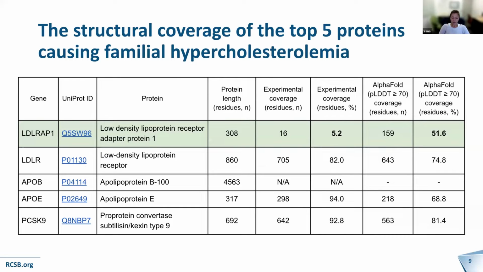But if you look at the structural coverage of this protein, it's not uniform. Some proteins have been studied better than others from an experimental point of view. So the LDL-RAP1 protein is an example where experimental data provides 3D coordinates for only 5% of the full protein sequence, but there is a computed structure model with a high-level confidence prediction spanning across more than 50% of the protein sequence.